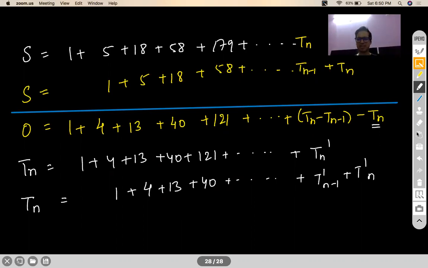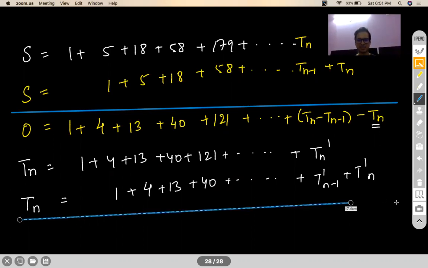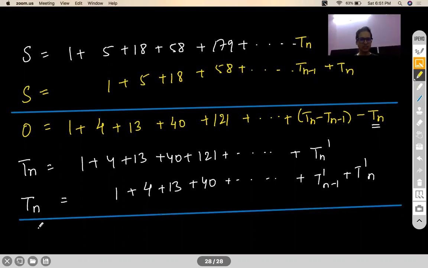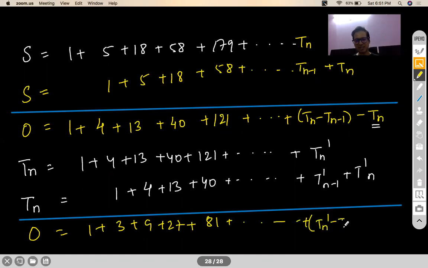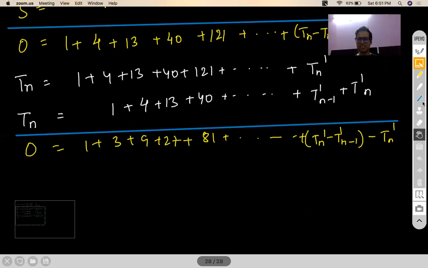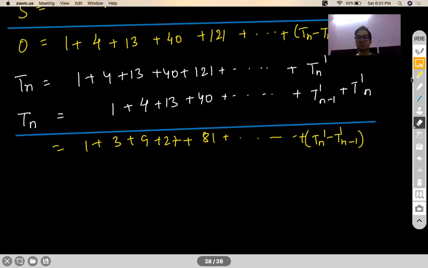Again, I'll subtract. So 0 will be equal to 1 plus 3 plus 9 plus 27 plus 81 and so on till Tn dash minus T dash n minus 1 minus Tn dash. Take it to the other side. Guys, this process is super long, right?